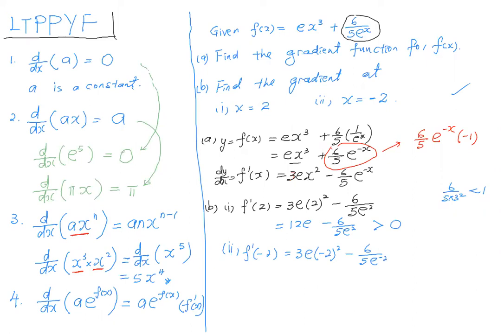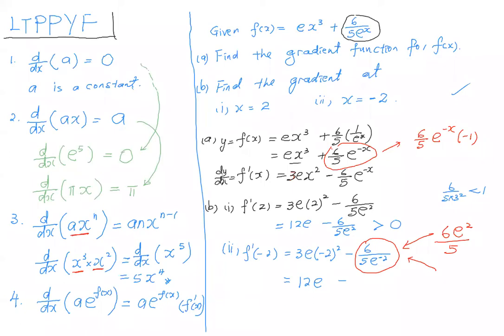Okay, so this will be 12e also, take away. Okay, by the way, when you have this part, can I write this like that? Avika? No. Why not? Isn't it meant to be 6/5 e to the power e squared?